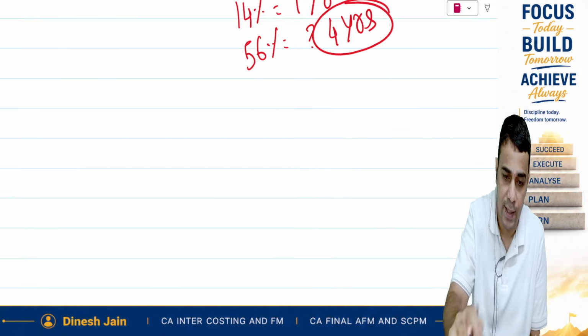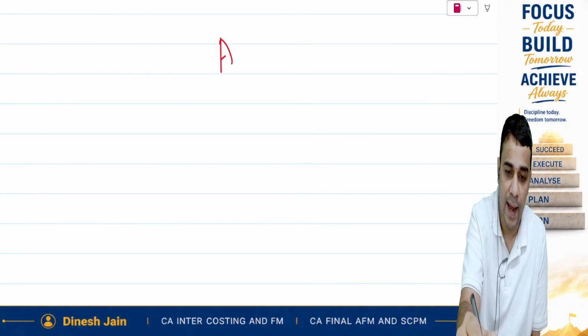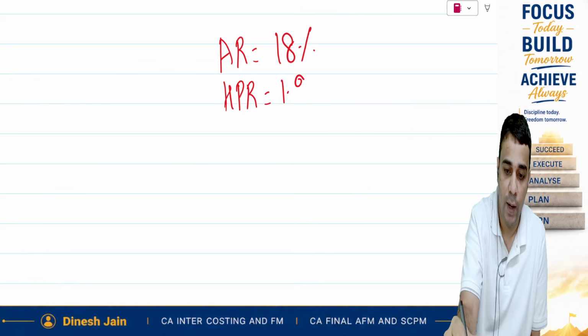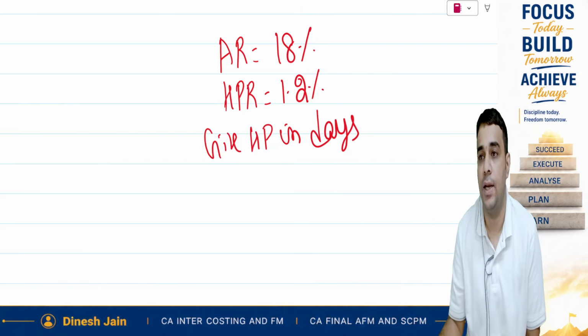Another example. Annual return 18%, holding period return 1.2%, give holding period in days. I want the calculation in days, not months.